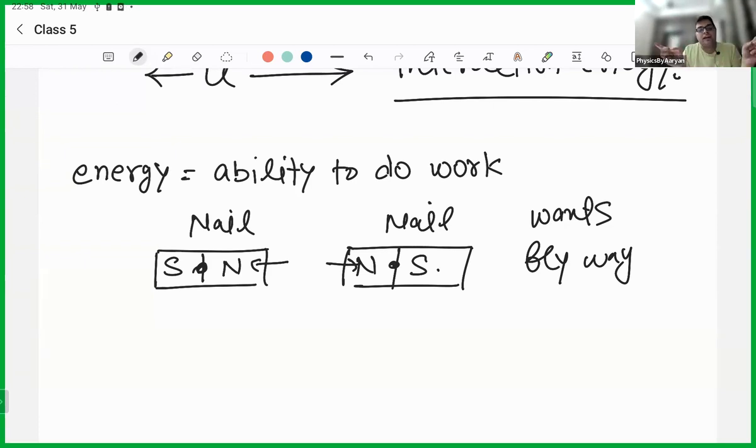This energy is coming because of the interaction between them. This energy is not coming because of a third person. This is because of each other. They have an interaction energy. Interaction energy means because of each other, they have a stored ability to fly away. Whenever you have an ability to do work, it means you have energy. Now clear? Is it clear now? Yeah, done. Perfect.